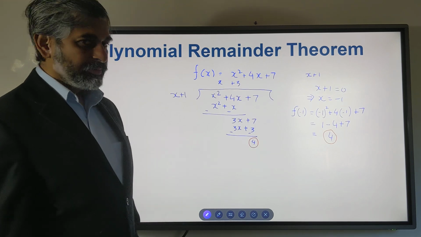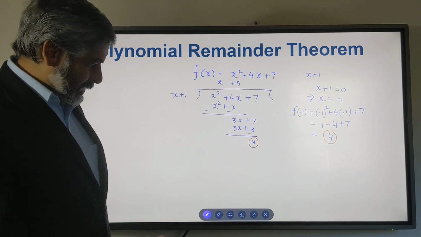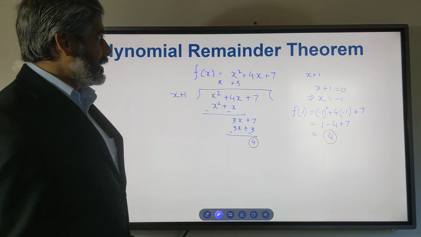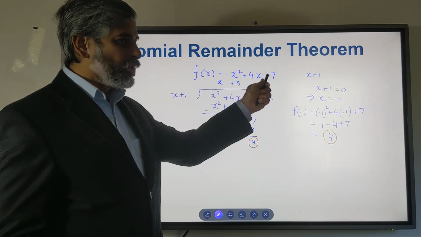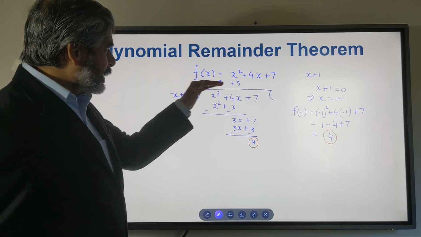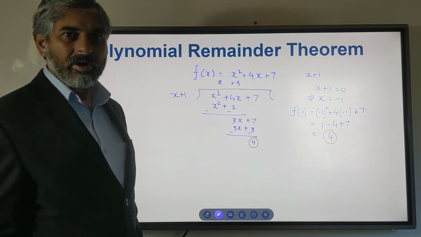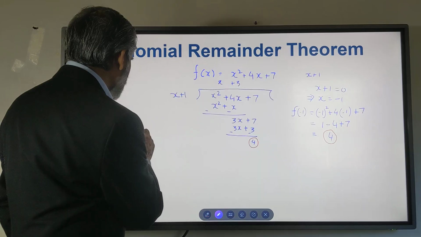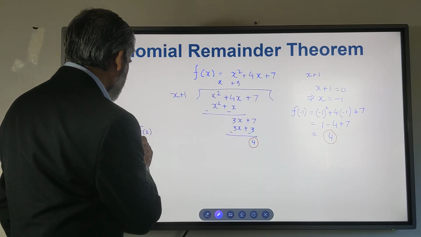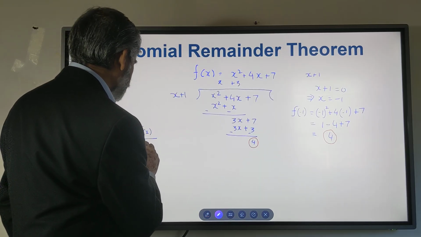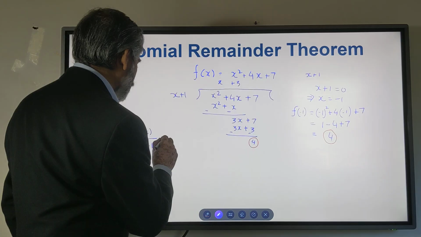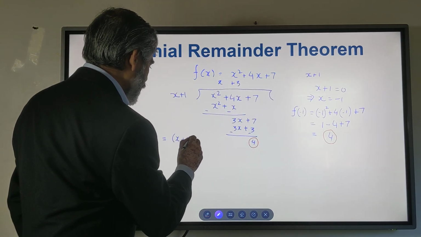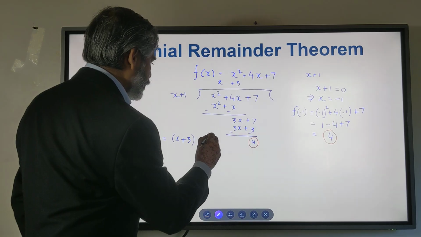And why does it work? To understand it, let's go back to this equation f(x) equal to x squared plus 4x plus 7, and look at our long division method. So when I divided f(x) by x plus 1, I got x plus 3 and 4 as remainder.